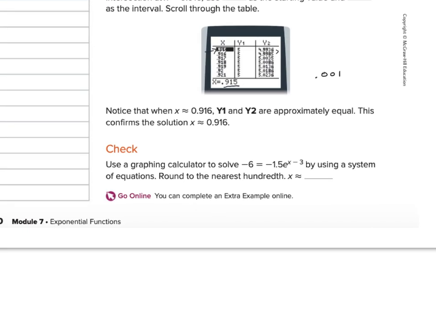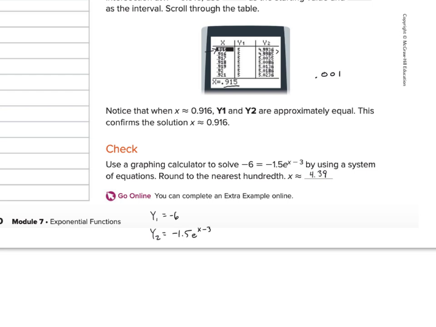And then here, I will tell you that if you go ahead and try to do this either way that you like, pause it, check your answer. When you come back, I hope that you ended up with 4.39 as my intersection point. So again, two ways to do that. Y1 is equal to negative 6. Y2 is equal to negative 1.5 e to the x minus 3.